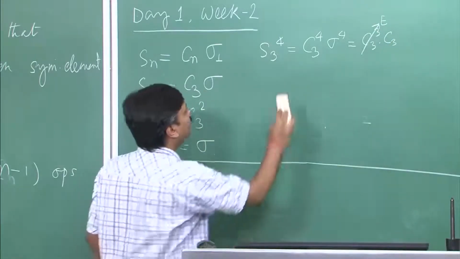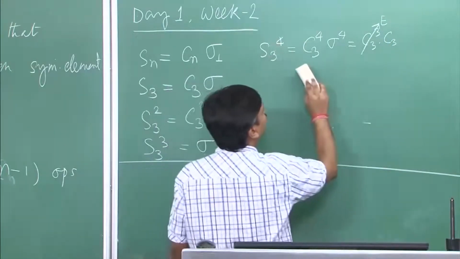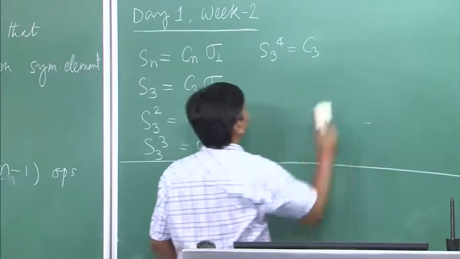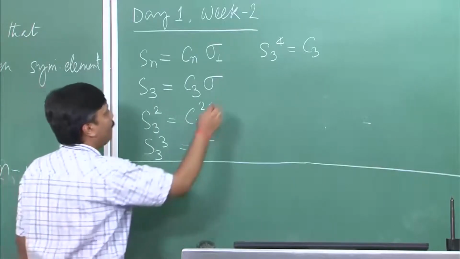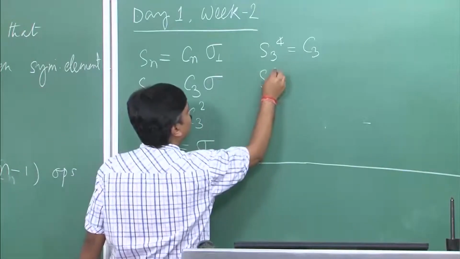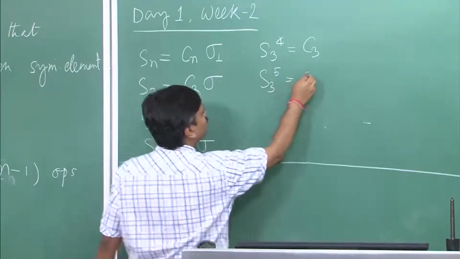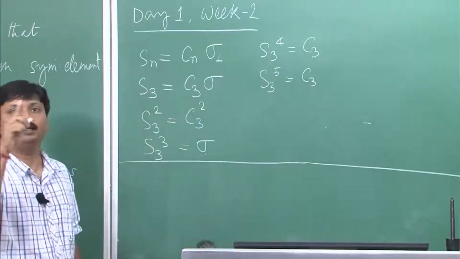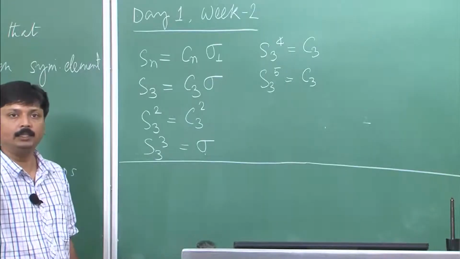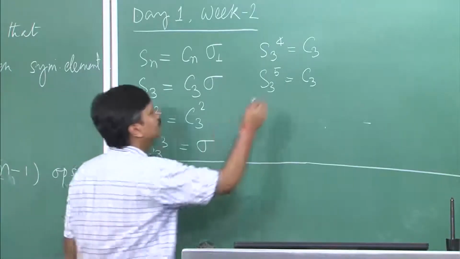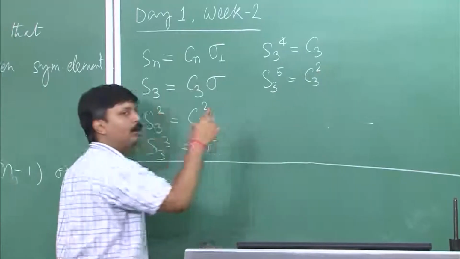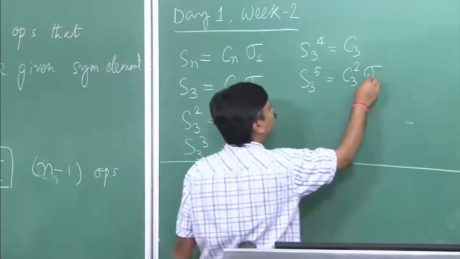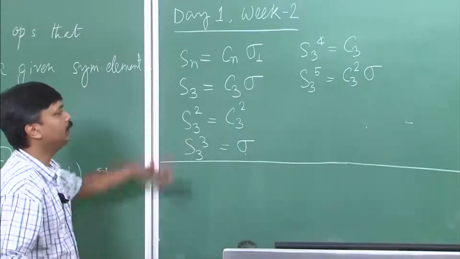So I can write here that S3^4 is nothing but C3. All right. S3^5 is C3^5, meaning C3^3 and C3^2. C3^3 is E, so I am left with C3^2. And sigma^5, an odd number, will end up giving me sigma. This is also a new operation that is not present here.